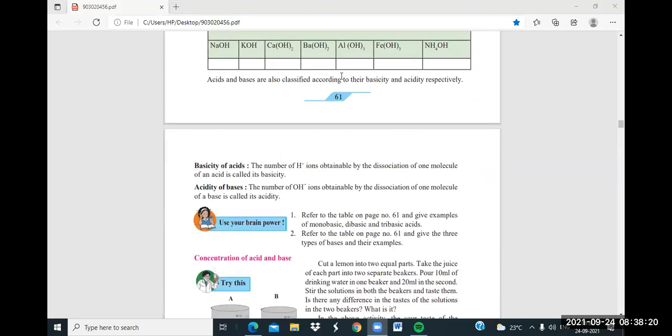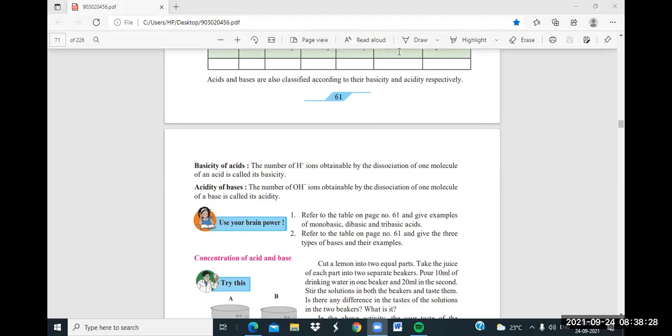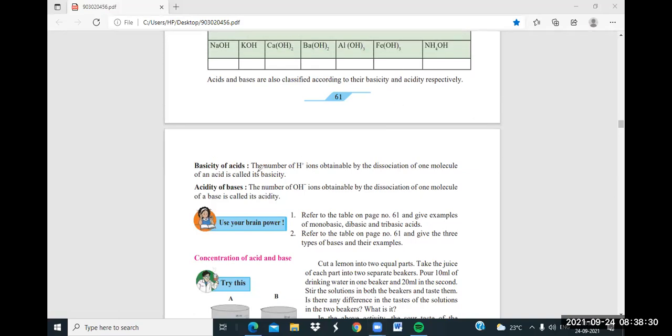So basicity: the number of H plus ions obtained by the dissociation of one molecule of an acid is called its basicity. What is meant by basicity? The number of H plus ions obtained by dissociation of one molecule of an acid is called its basicity.